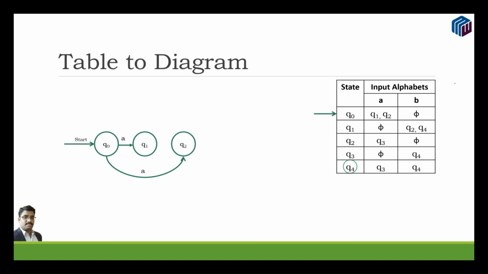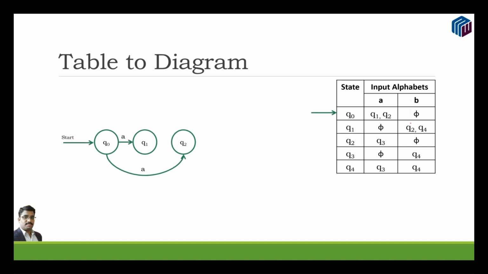Next, coming to the Q1 state. Q1 on A is phi, so leave it. Q1 on B, we have Q2 and Q4. So we have to draw Q1 on B to Q4 and Q2.